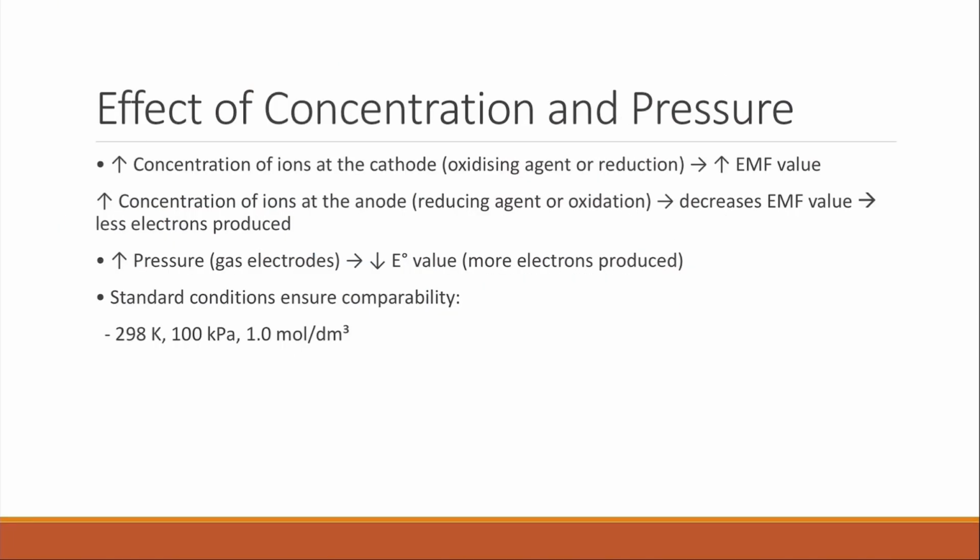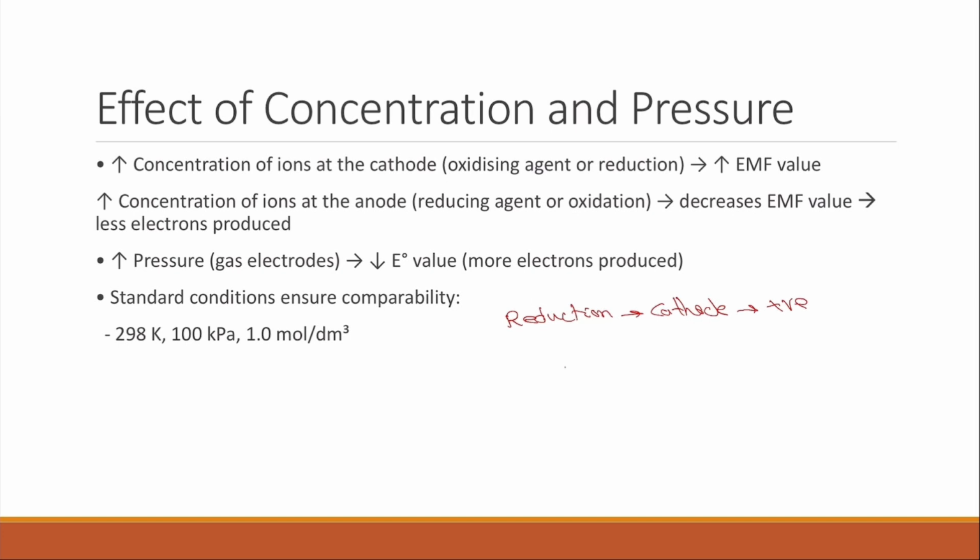So what are the different things that can affect the EMF? In the exam, they wouldn't ask you to explain why the change in the concentrations affects the EMF, but they will ask you what would be the effect. So I'm only going to tell you what the effect is without explanation, because you don't need to know it at this point. We have two half cells. We have the half cell where the reduction takes place, which happens at the cathode or the positive electrode.